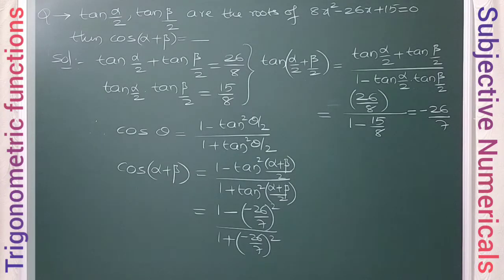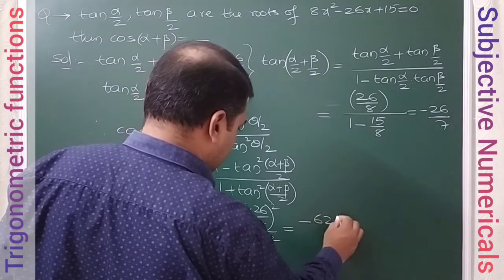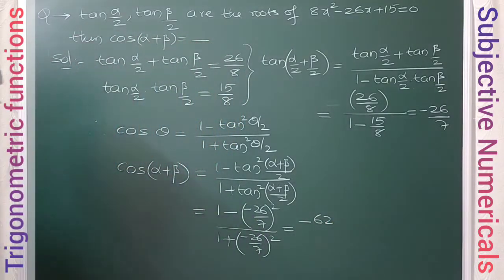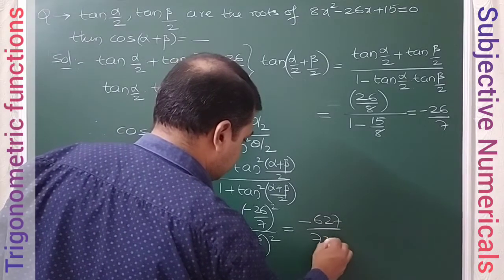By taking LCM and simplifying, directly I am writing the result, minus 627 by 725 is the result.